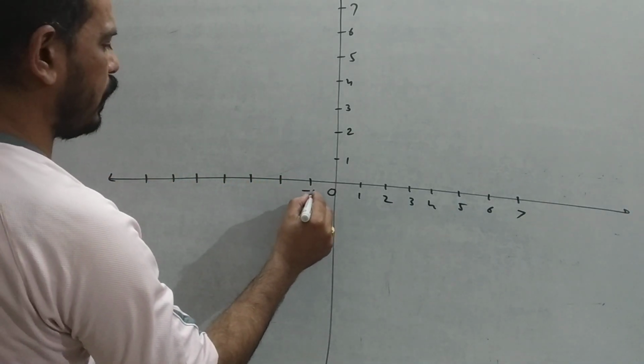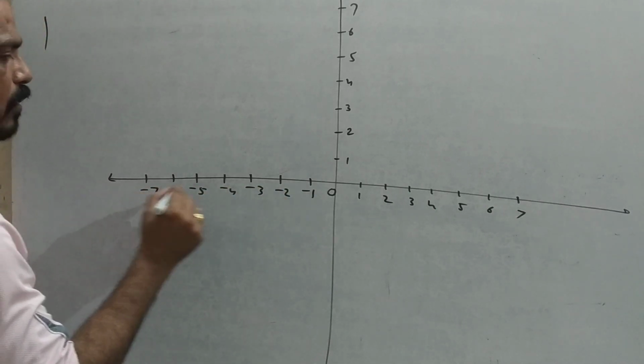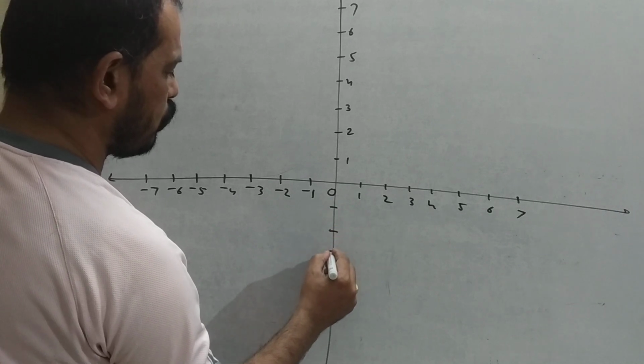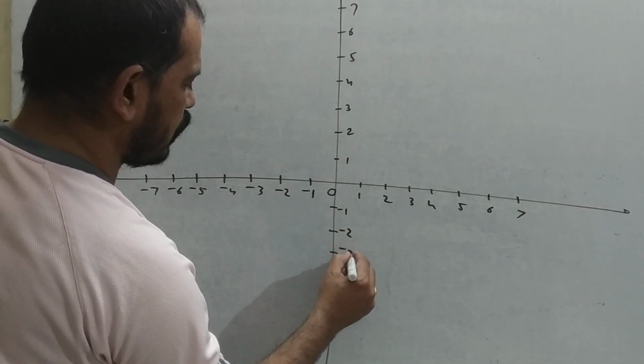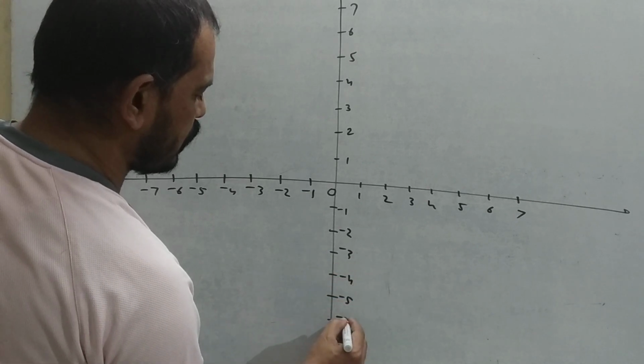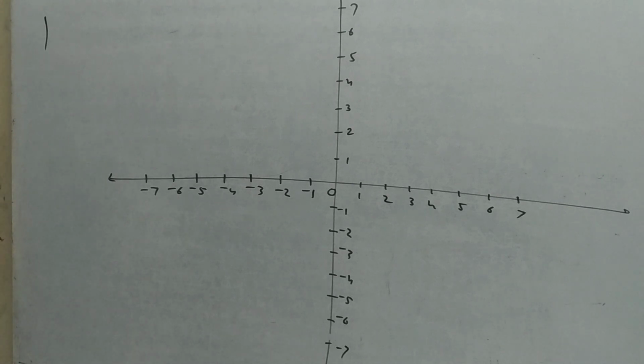These are all equal in length. Right? Now these are all equal units.